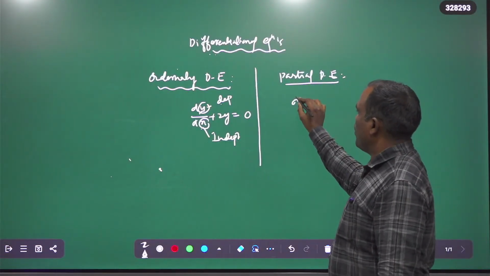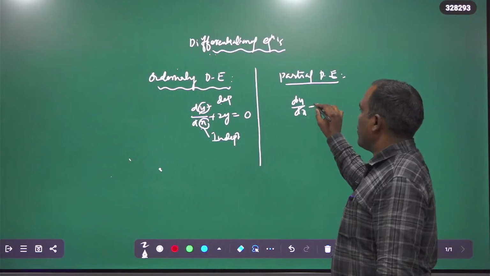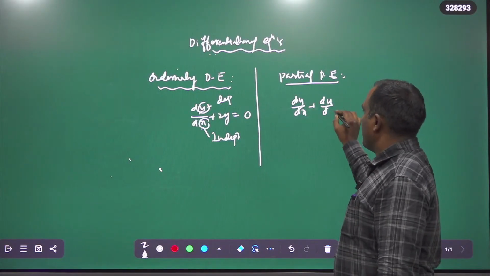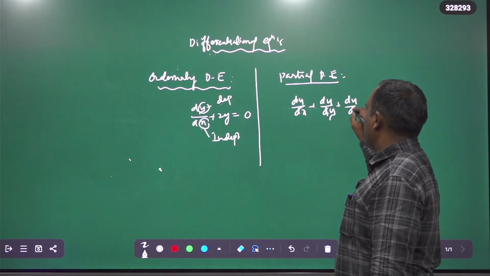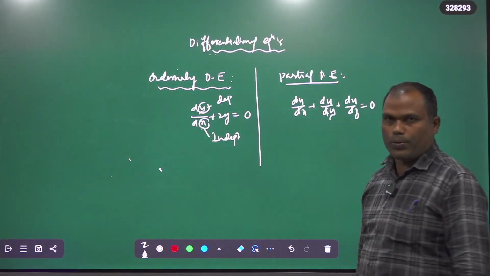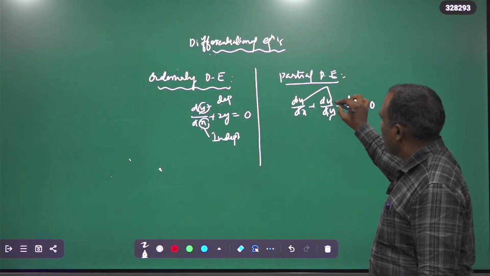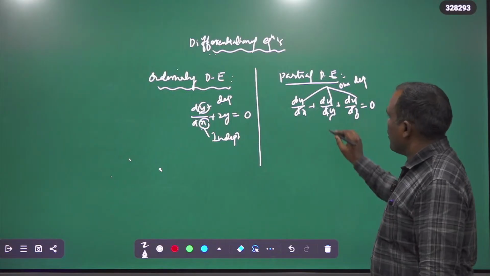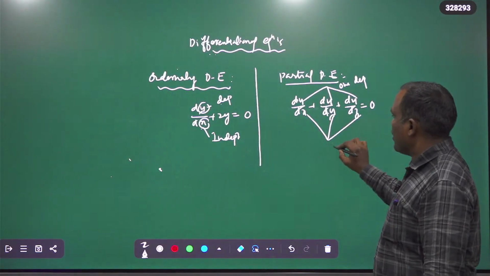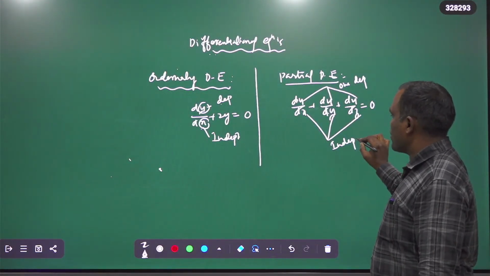For example, du by dx plus du by dy plus du by dz equal to 0. Here u is only one dependent variable and x, y, z are independent variables.